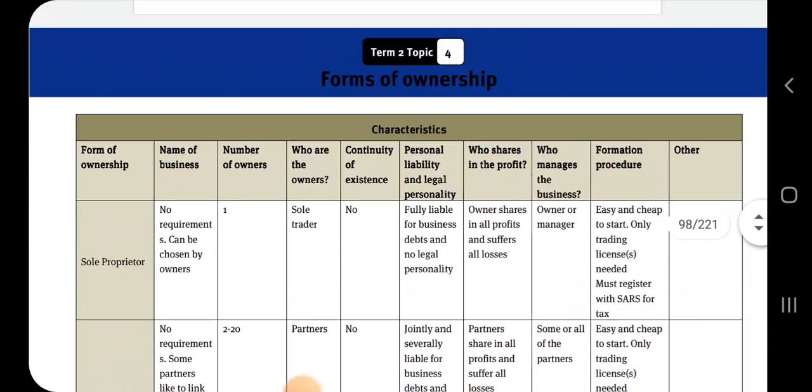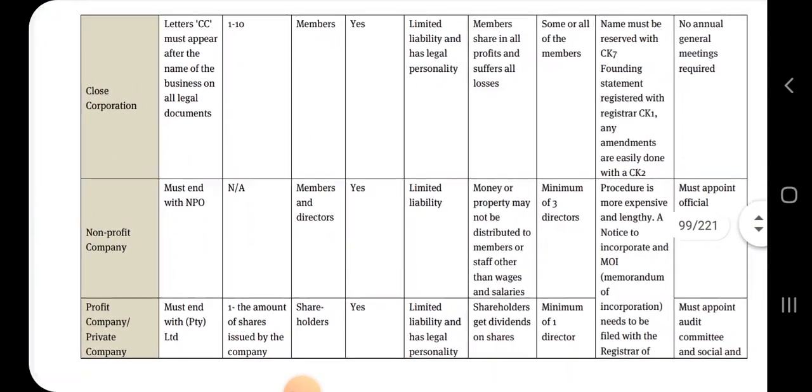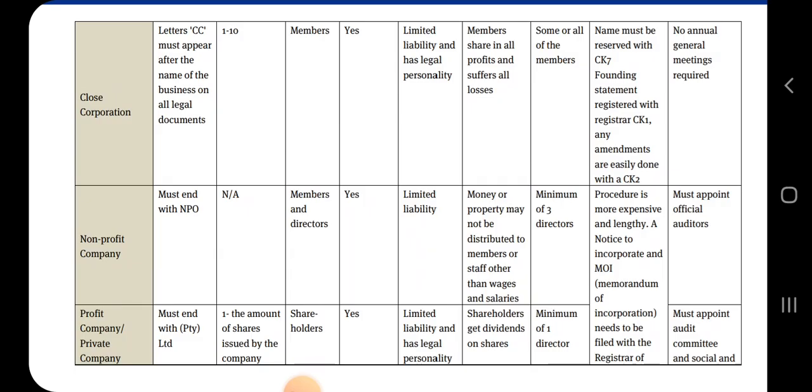Let's say other characteristics is that no annual general meetings are required. So it's not mandatory to have annual general meetings in a close corporation.